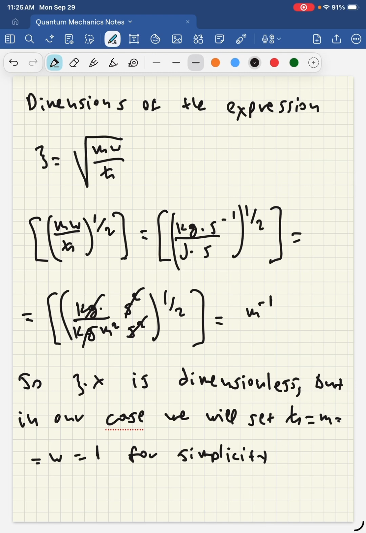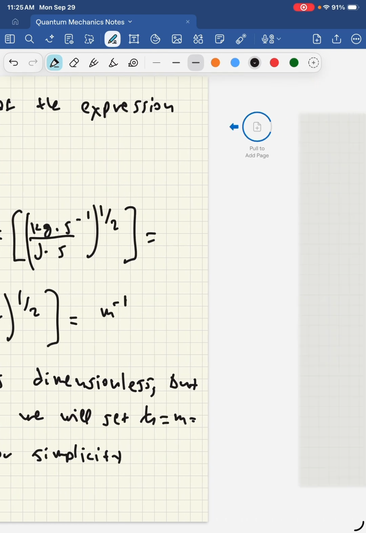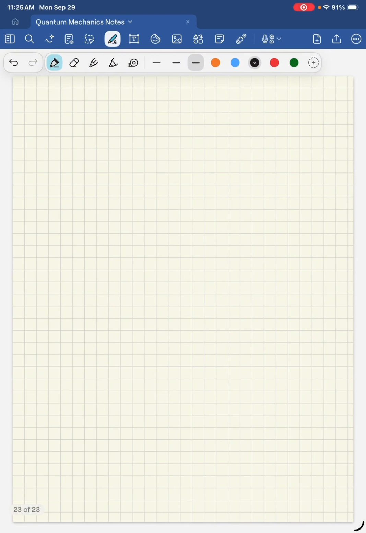We talked about the basis functions a little bit, and we talked about the Poschl-Teller potential in the previous video. So let's go write the Poschl-Teller potential again.